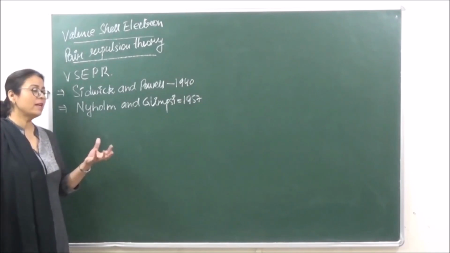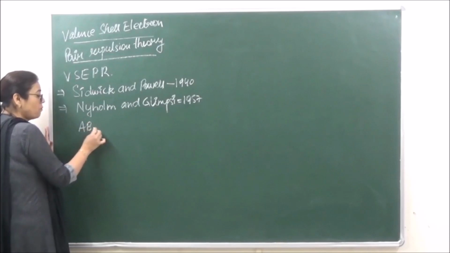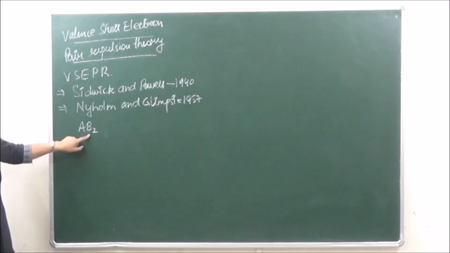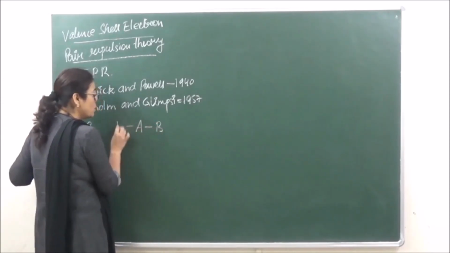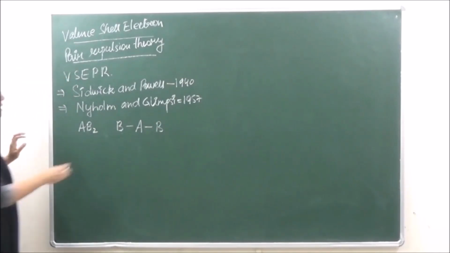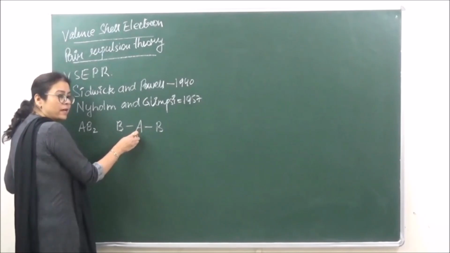For example, if we are having a molecule of the type AB2, where A is the central atom and B is the surrounding atom, these two B's are going to take such a position that the repulsion between the two is minimum, right? So they will be directed in opposite corners of A, right?